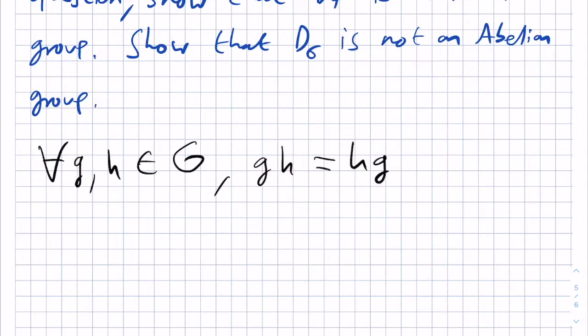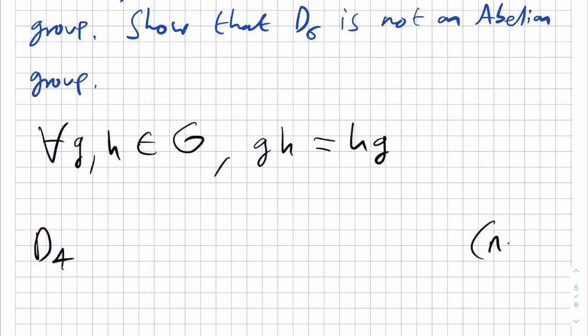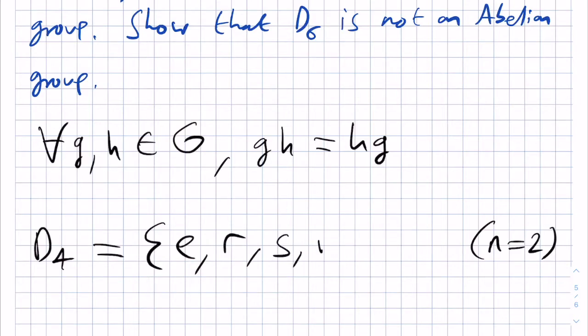Firstly, we have D4, which corresponds to n equals 2, and from the previous question, the elements are e, r, and then r squared goes back to e, so we have s and rs.